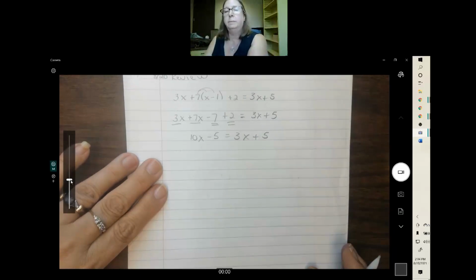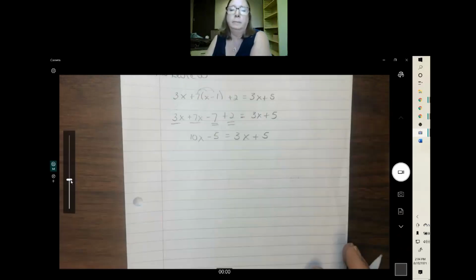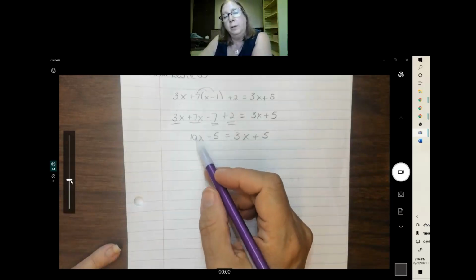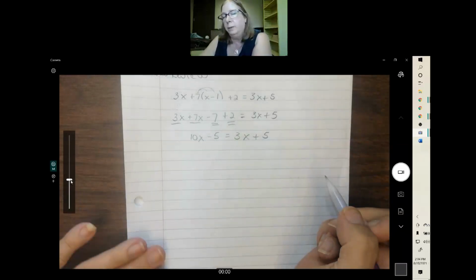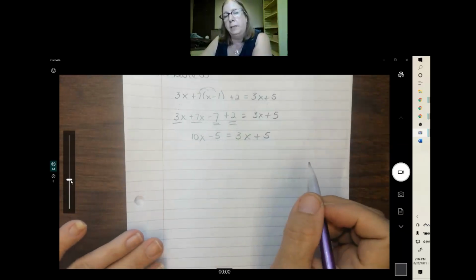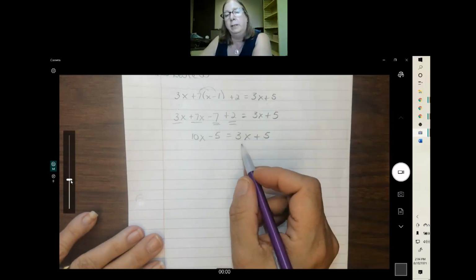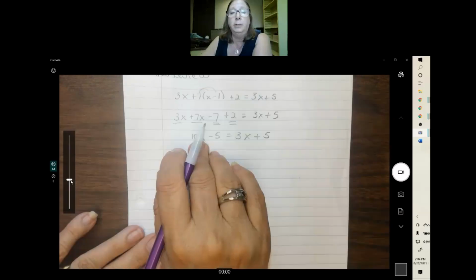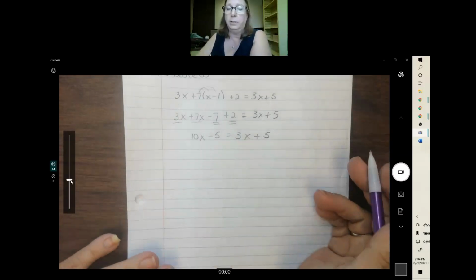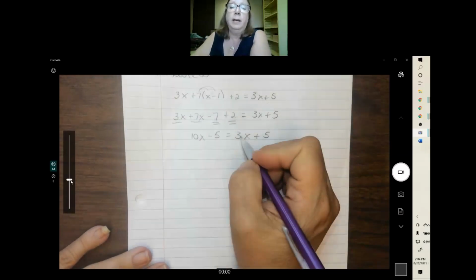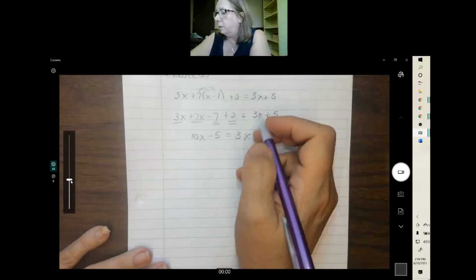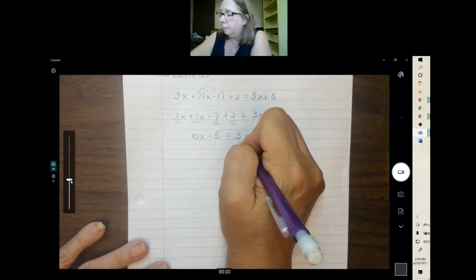Any questions so far? Next, we need to get the x's on one side and the constants on the other. If you can do it at one time, that's fine. And if you don't have to write the minus 3 on both sides, you just subtract it over and know that it's 7x. That's fine also. But I want to get the x's to the left, so I'm going to subtract 3x since it's a positive 3x.